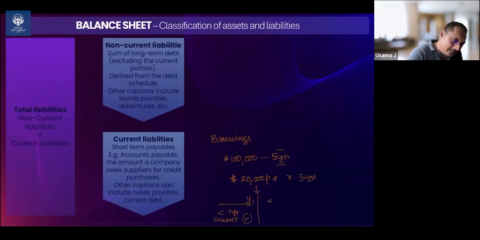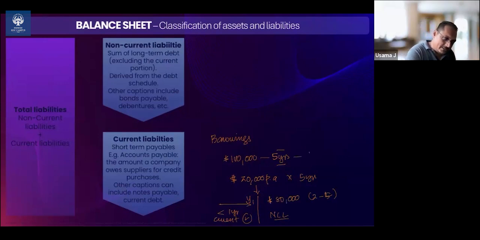The remaining $80,000 is what is going to be paid from years 2 to 5. That will be recognized under non-current liabilities. See how the definitions are falling into place nicely into how the entire statements, etc., have been constructed.